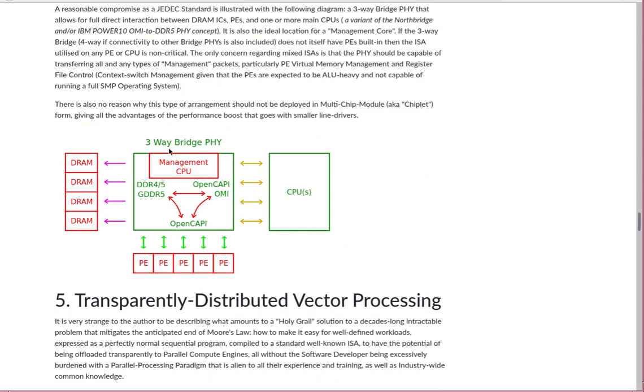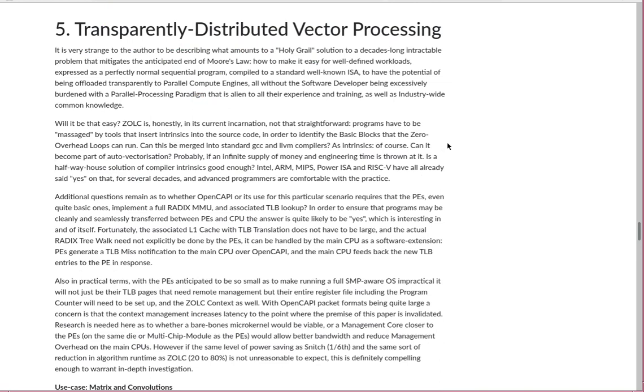We would have a 3-way bridge PHY with the DRAM, and these processing elements down here basically run the exact same Power ISA with SVP64, with zero overhead loop control, Snitch-like and ExtraV-like processing capability, with coherent, deterministic, scheduled algorithms running, that we can decide whether to run on the CPU or on the processing element, transparently.